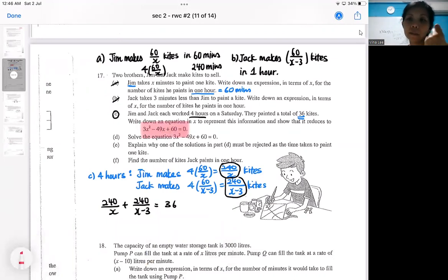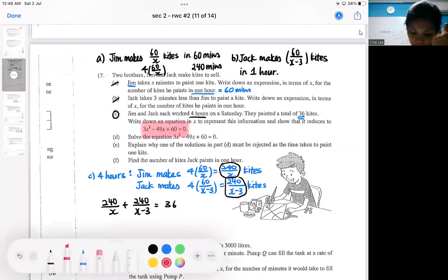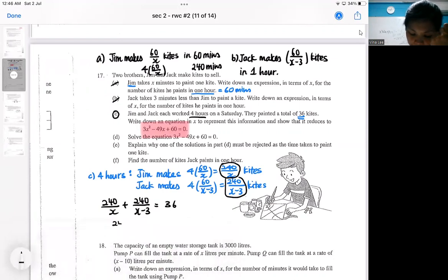You've got to make the same denominator and then cross multiply. I'm going to leave it to you, I will not be showing you this part. Make the same denominator and carry on with the cross multiplication.